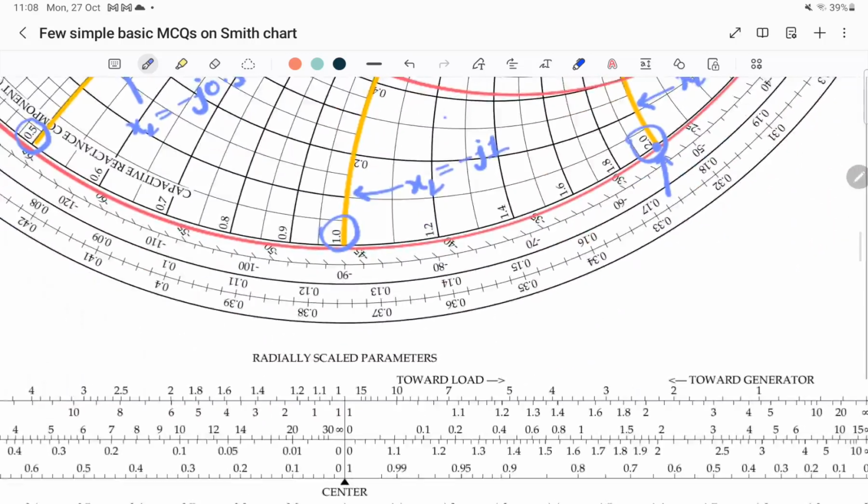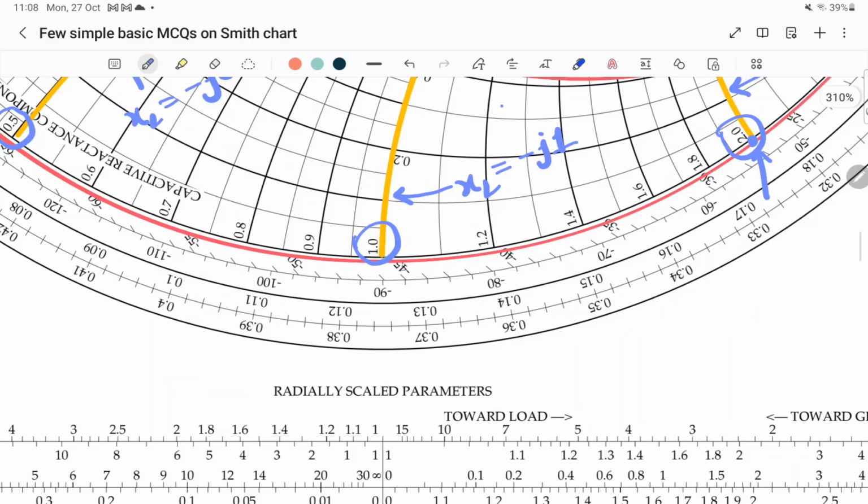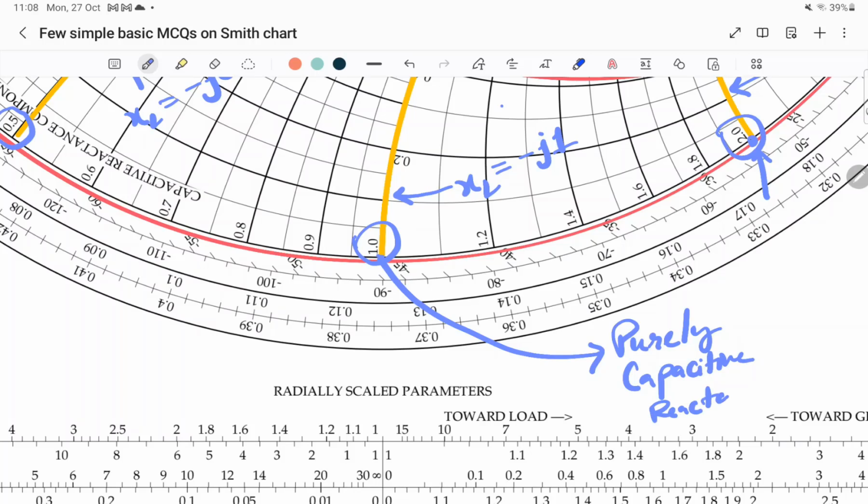Similarly, the reactance circle passing through this value is called purely capacitive reactance, and its value is minus j1.